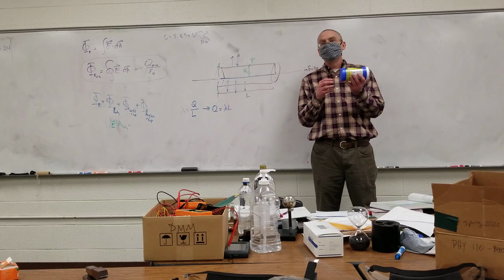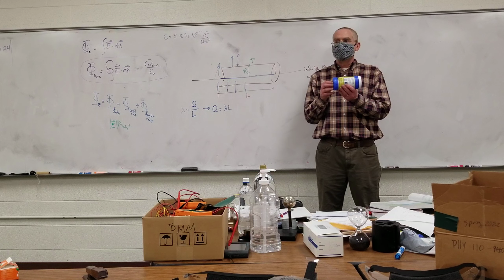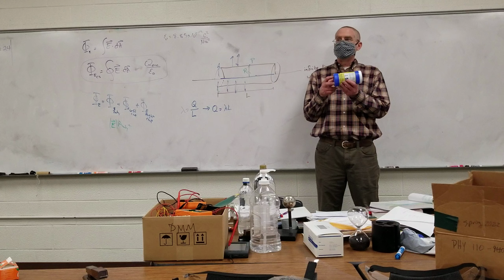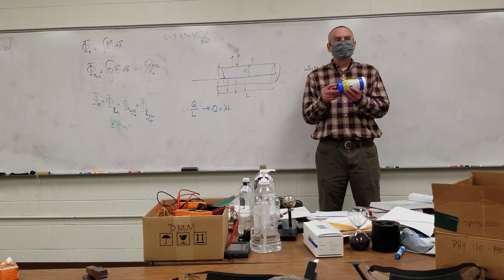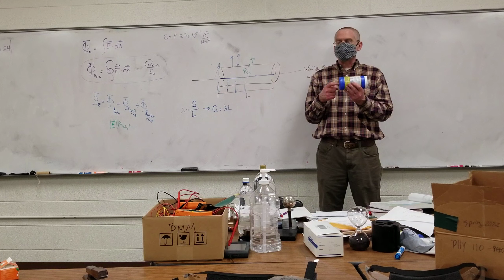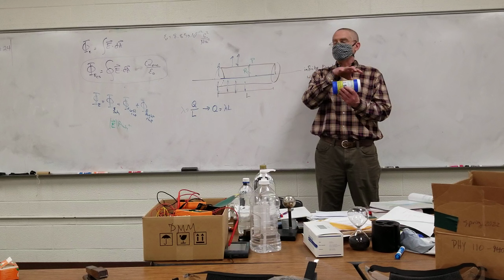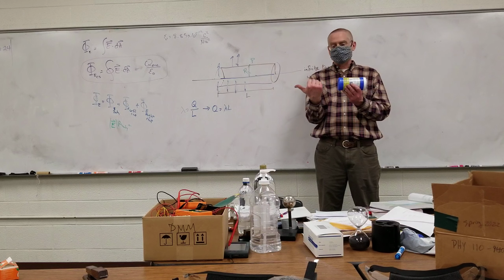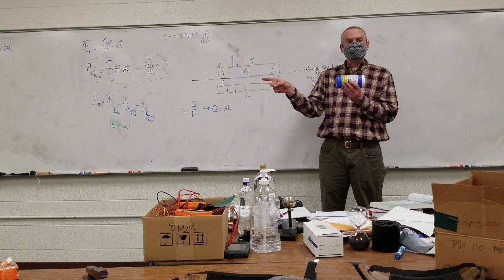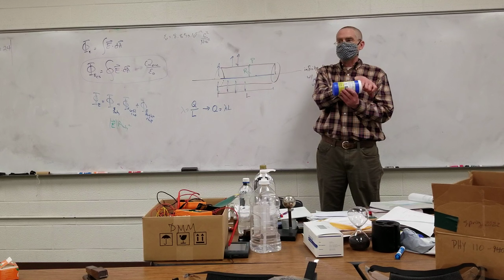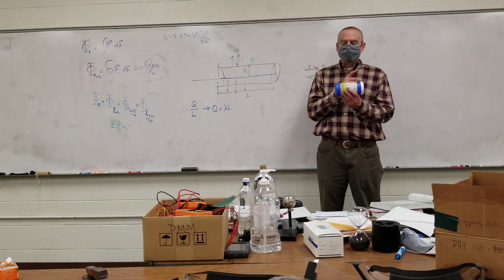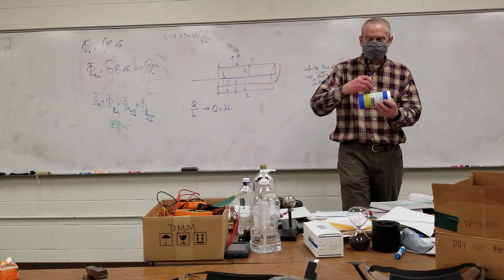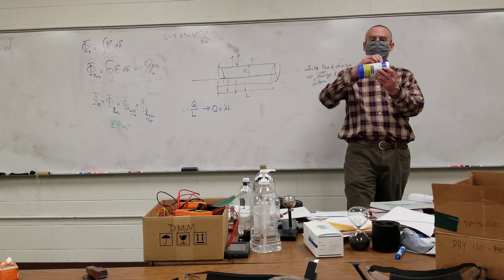What's the rule about the direction of an area vector? It's perpendicular to the face. Yes. And because it's a closed surface, it's pointing outwards. So the area vector is pointing that way. Over here, what's the direction of the area vector? And then all around the body, wherever you happen to be, it's running perpendicular to the surface.